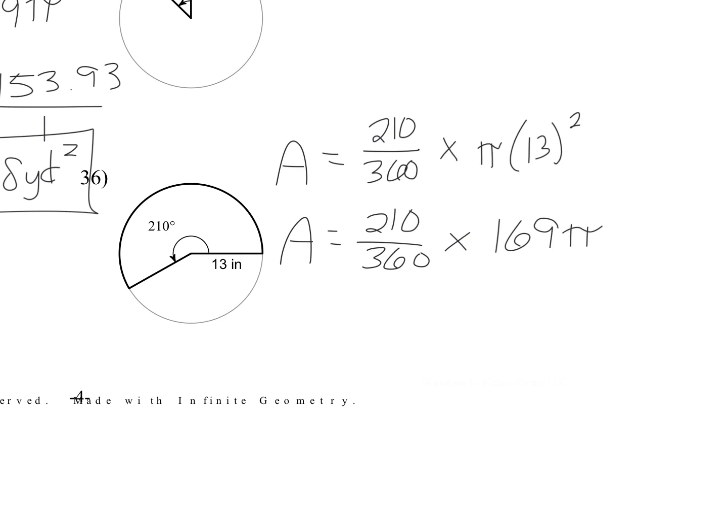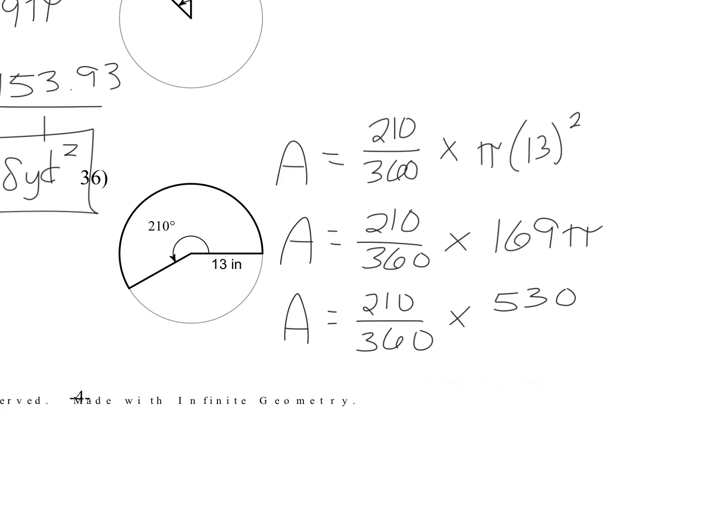169 pi. What do I do next? What am I typing in my calculator next? Careful, don't forget you still have pi. So take 169 times pi. What do you get? 530 something.